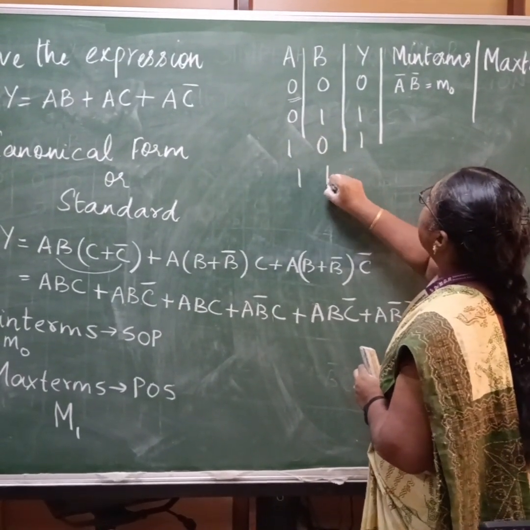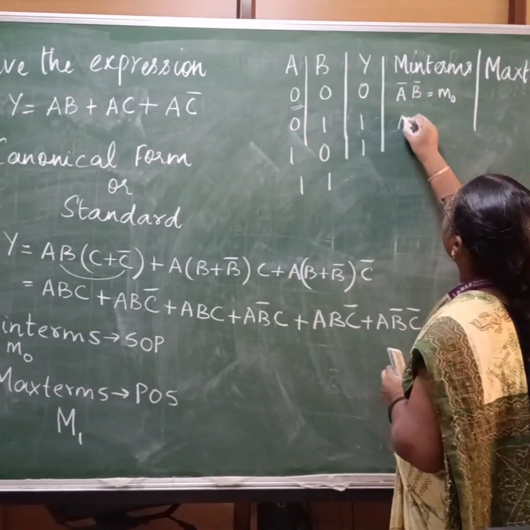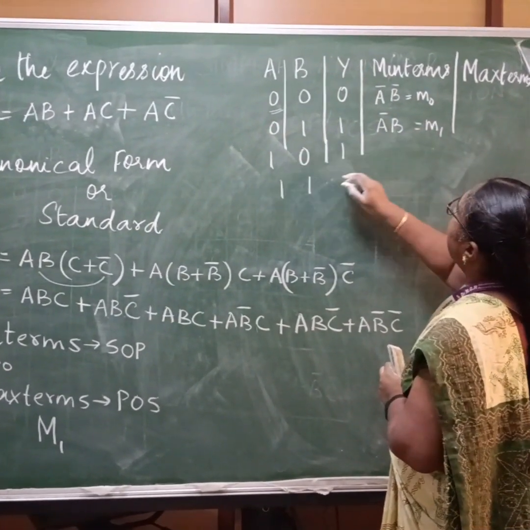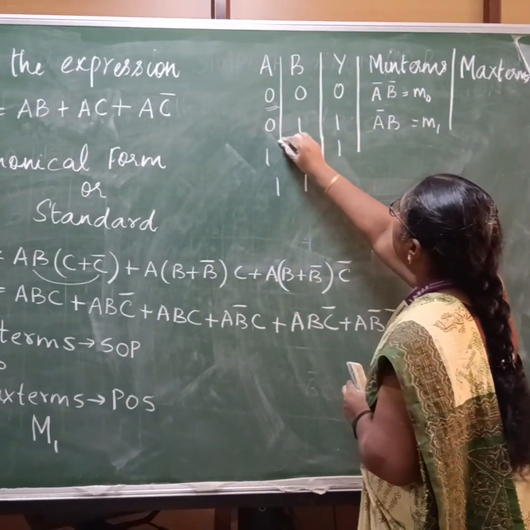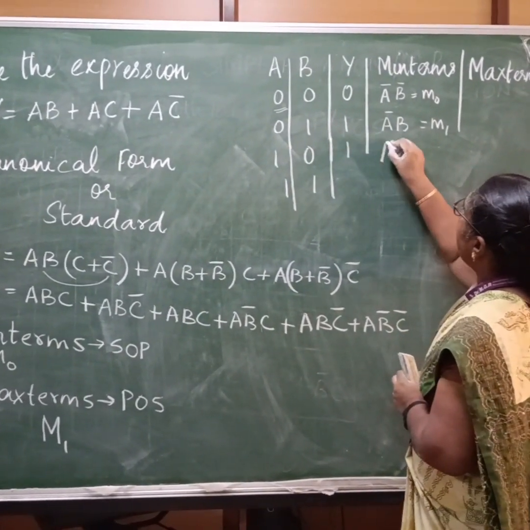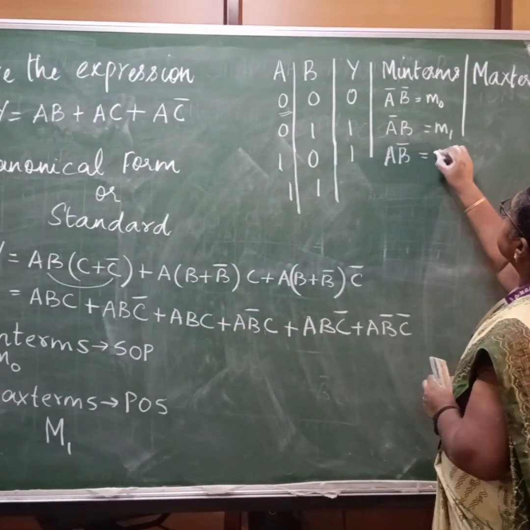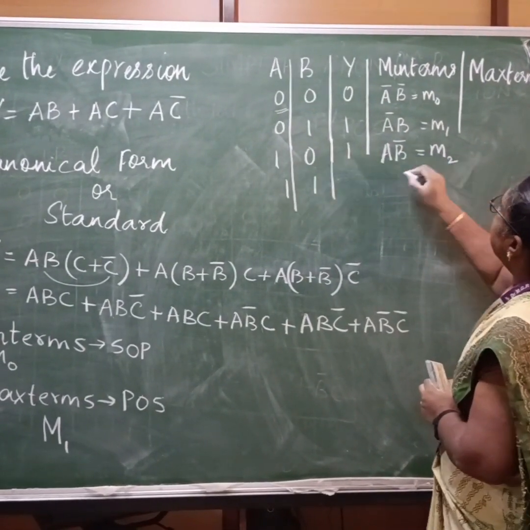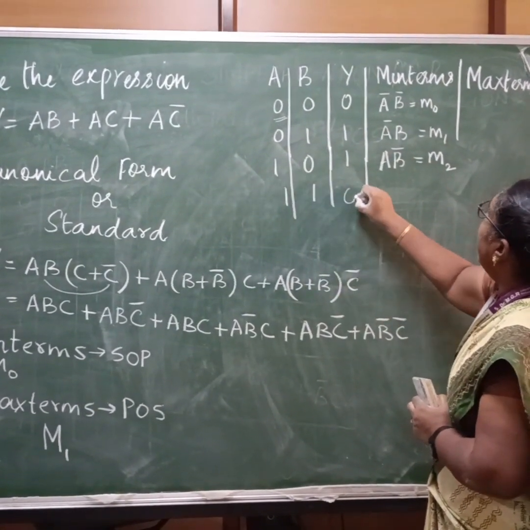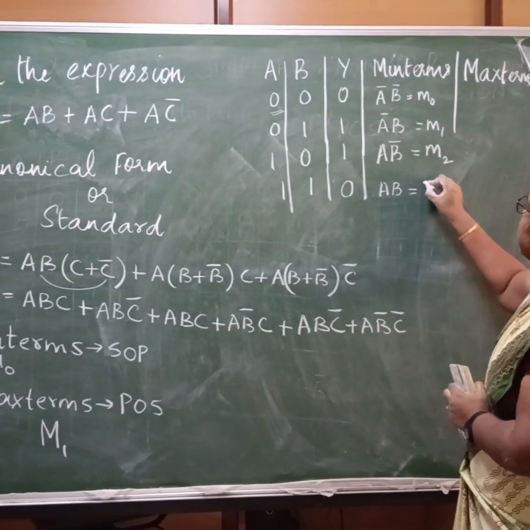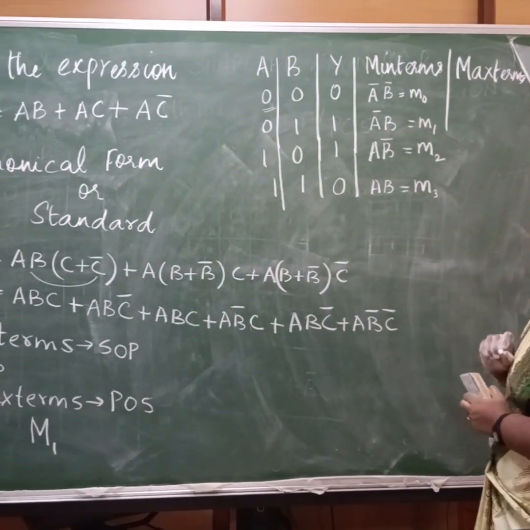In this case, 0 1 is A bar B, which is represented as m1. In case of 1 0, it is A B bar, which is your min term m2. In case of 1 1, it is A B, which is represented as min term m3.